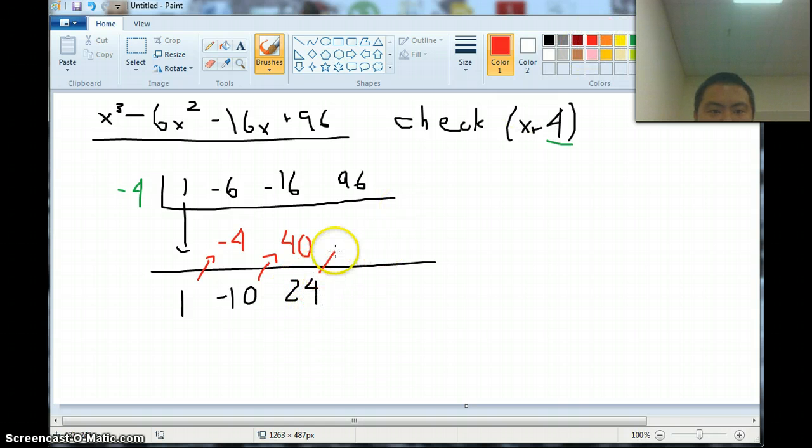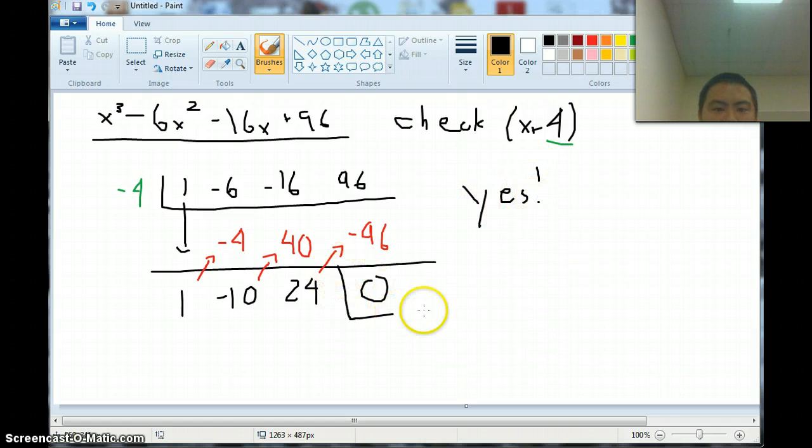I multiply this times negative 4, and I think that's 96. So it should give me negative 96, and that gives me a 0 remainder. Okay, so yes. Since this is the remainder, x plus 4 is a factor.